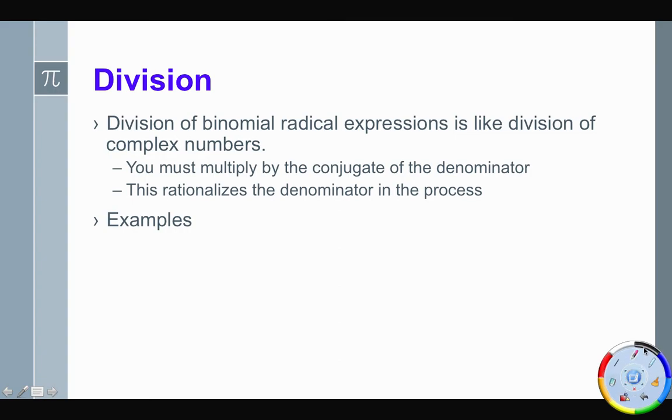When you divide binomial radical expressions, it's like division of complex numbers where you must multiply by the conjugate of the denominator. And that needs to go to both numerator and denominator. What this does is it rationalizes the denominator, as we learned in the previous lesson.